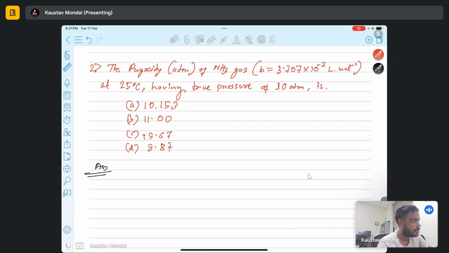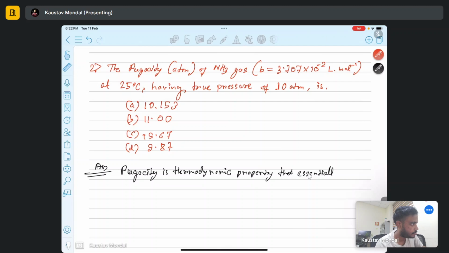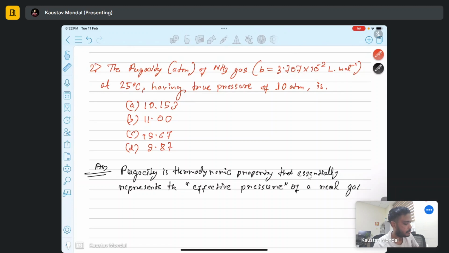Fugacity is basically a thermodynamic property that essentially represents the effective pressure of a real gas or of a mixture of gases.